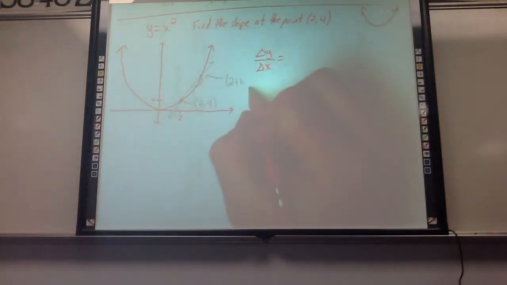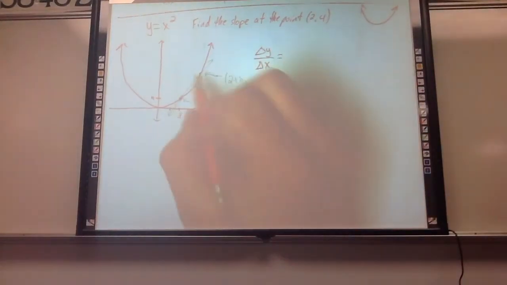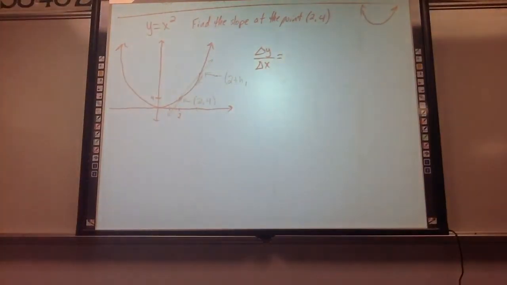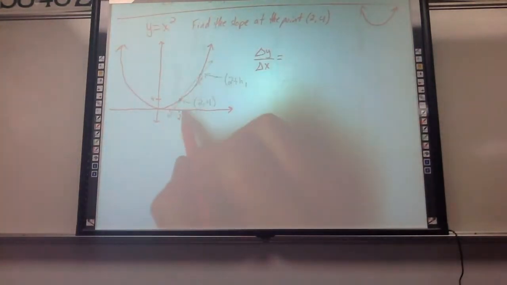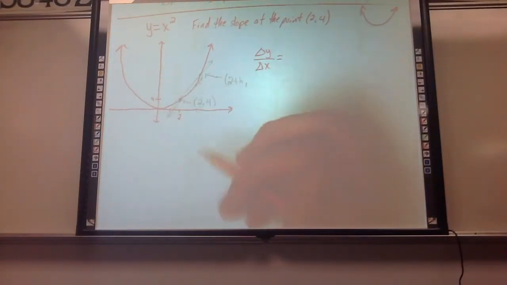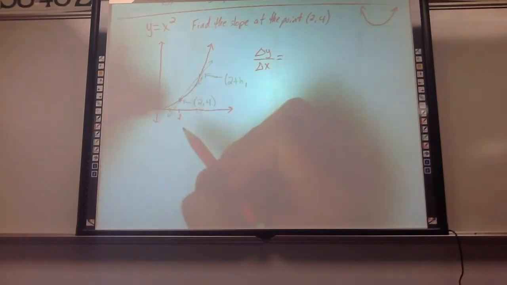So if that's 2 plus h, what is the y value? 4 plus h. 4 minus h. Close. How'd you get that? Oh, I see what you did. You just took that 4 and added h. It doesn't work. How do we get the y? If I take 2, how do I know what the y value is?